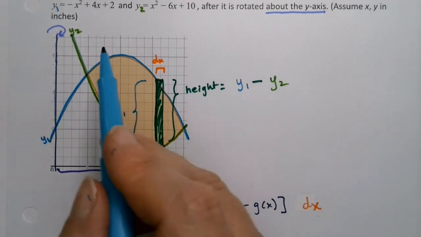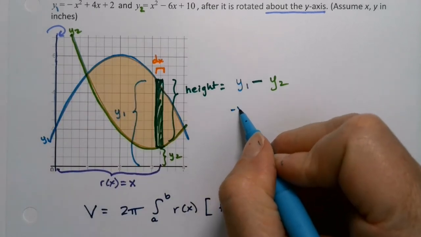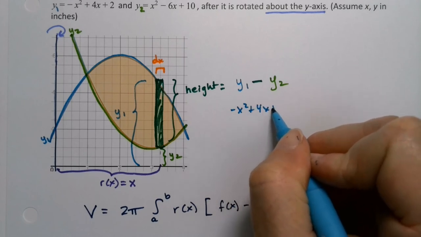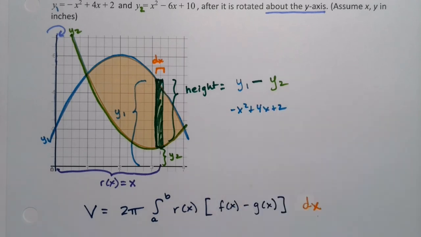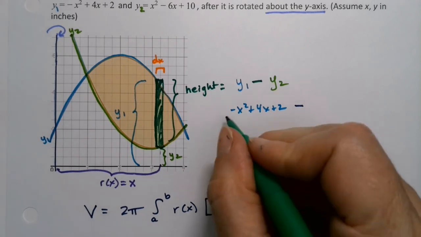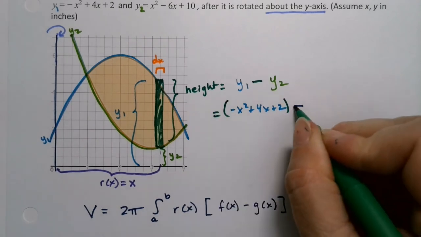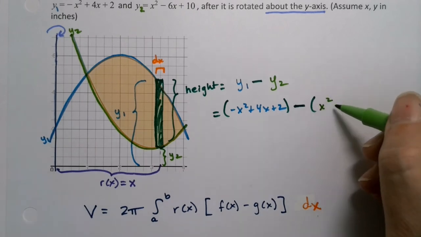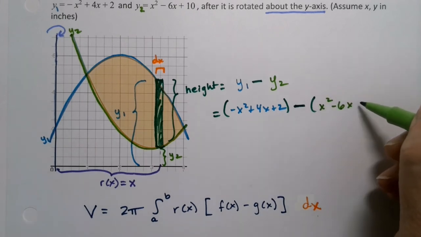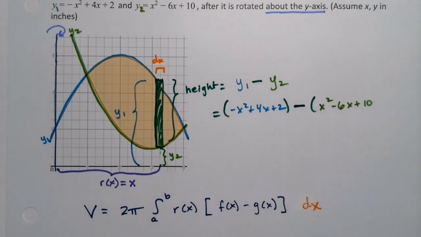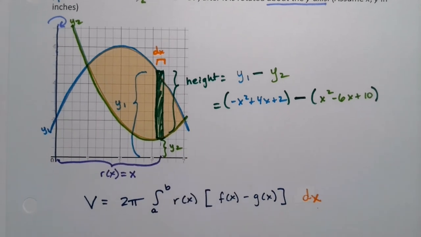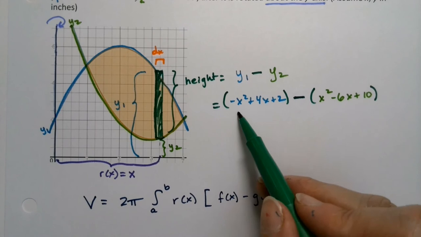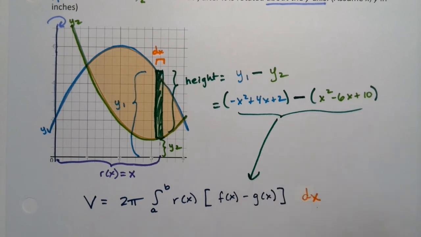And y1 was negative x squared plus 4x plus 2, minus the other function, which was x squared minus 6x plus 10. So that's what I'm going to use right there. That will be the height.